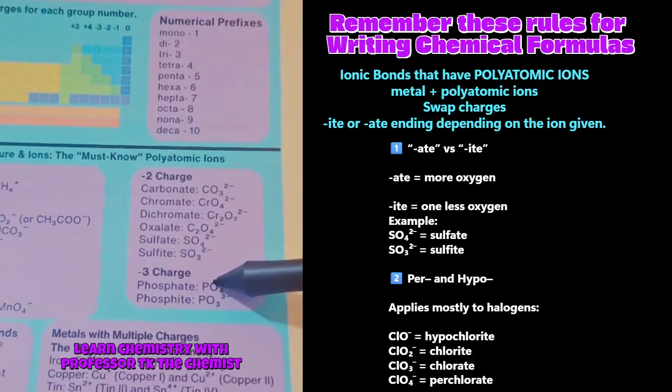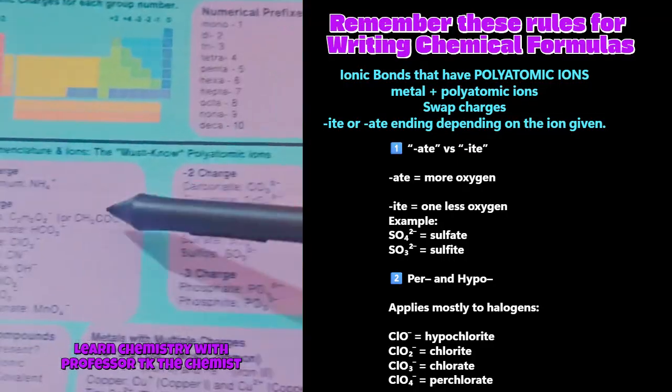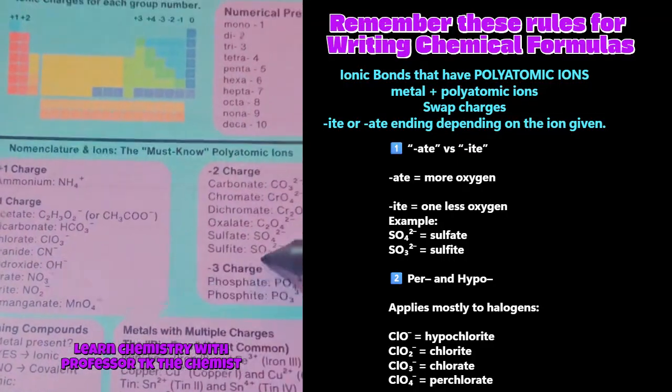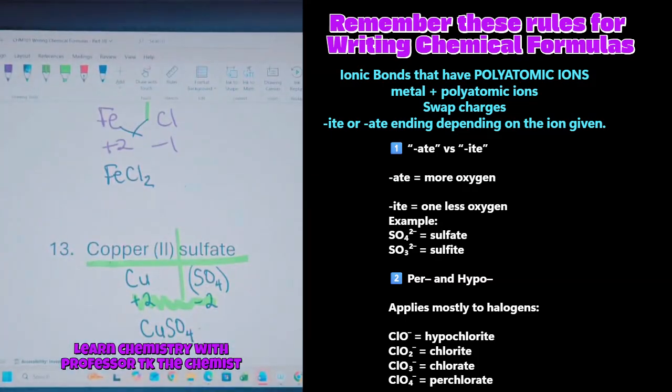If you look at this chart right here, you can either write them down on index cards or go to your chemistry book or practice writing them out, because polyatomic ions are not on the periodic table, only individual elements, okay?